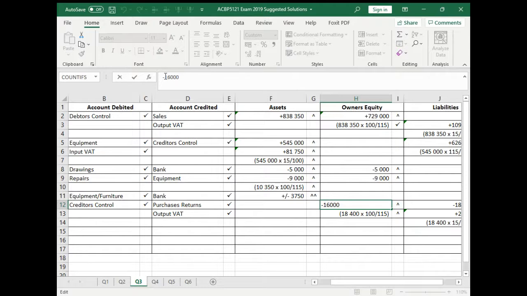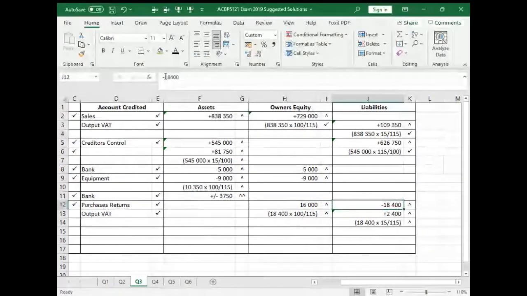Okay, this is not a negative. Okay, so because we have purchases returns, it is actually increasing our owner's equity because of the fact that we are reducing the expense. Okay, so purchase return is actually money is coming back in. So this is a positive.